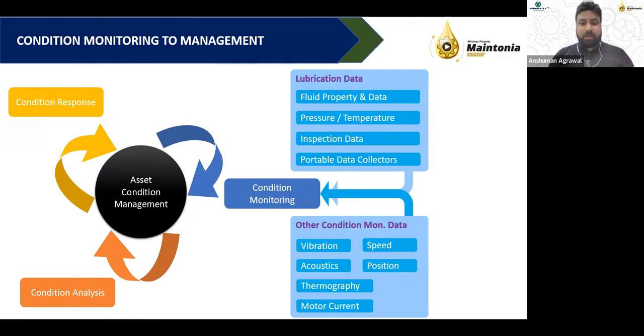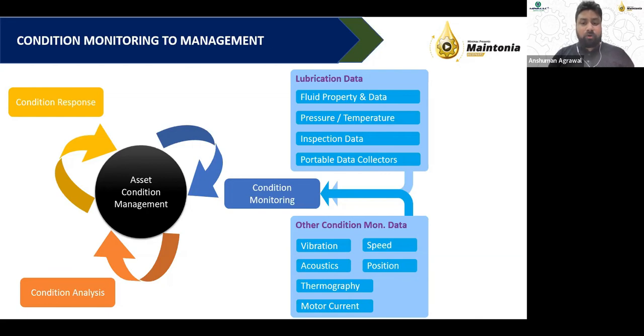Second comes the pressure and temperature data, which is the operational parameter of your equipment. The third comes the inspection data, because you might be having a walk around inspection of your equipment on a daily or weekly basis, or even certain maintenance schedules on a monthly or quarterly basis. All these inspection data can certainly act as an input to the condition monitoring package.